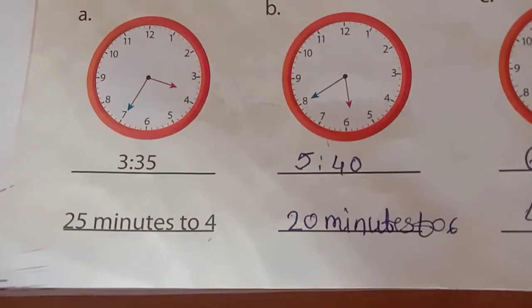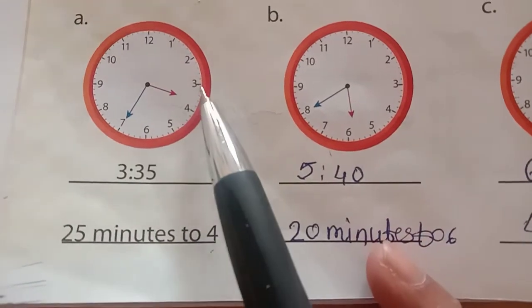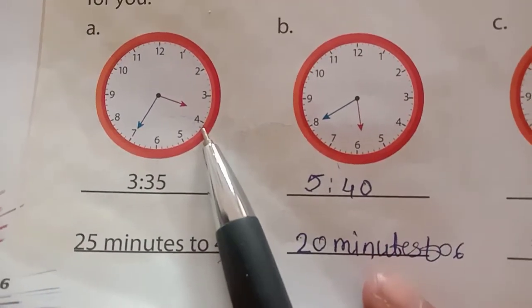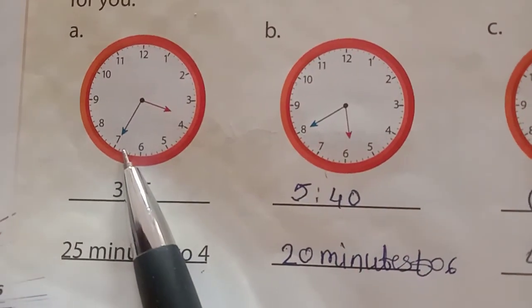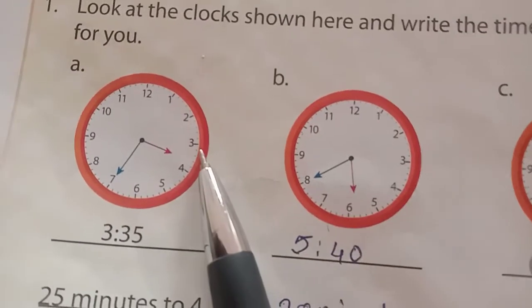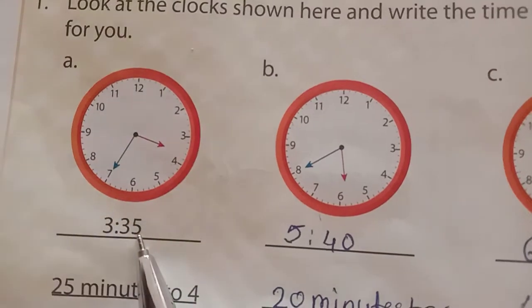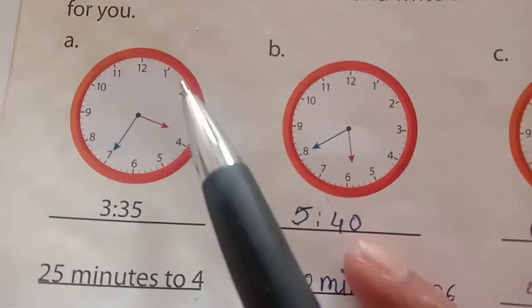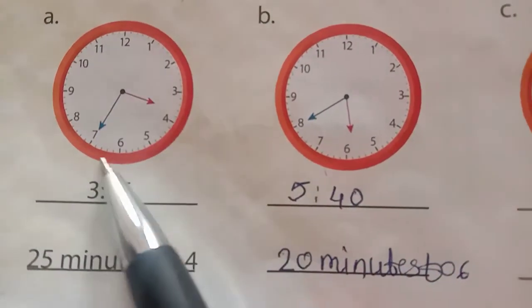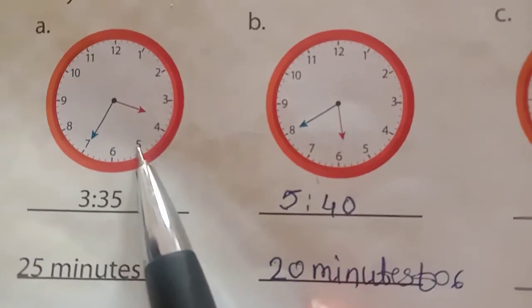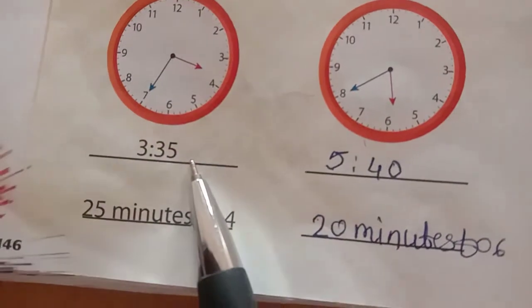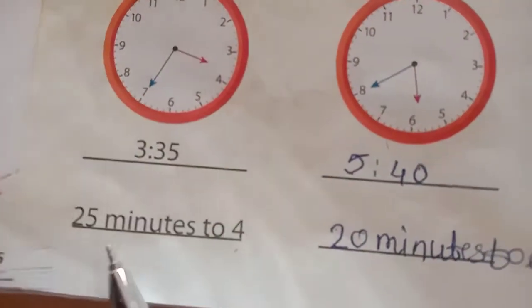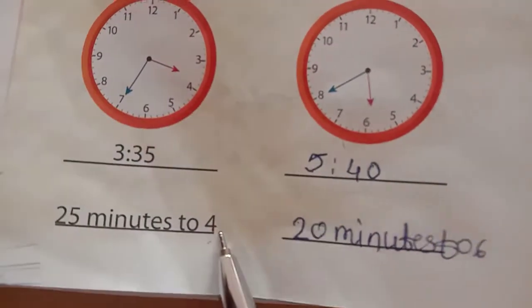So see carefully, the hour hand is in between 3 and 4 and the minute hand is on 7. So what is the time? Here 3:35. Means see here 5, 5, 5, you have to multiply. So write here 3:35 means 25 minutes to 4.